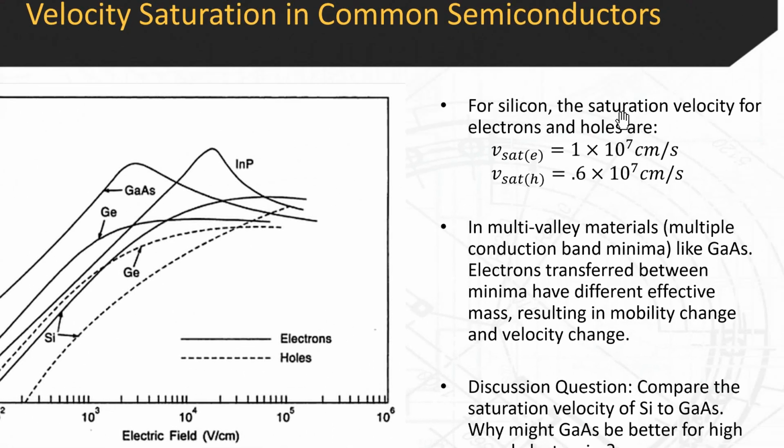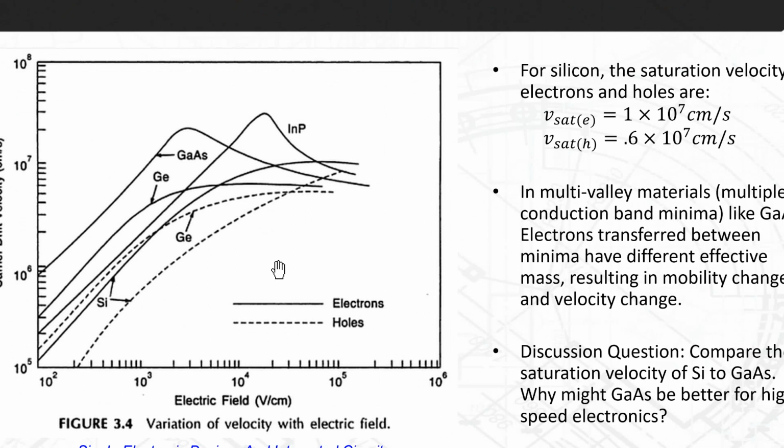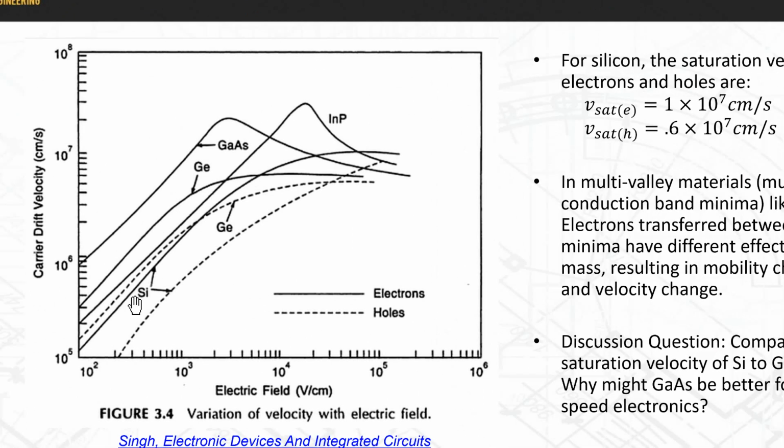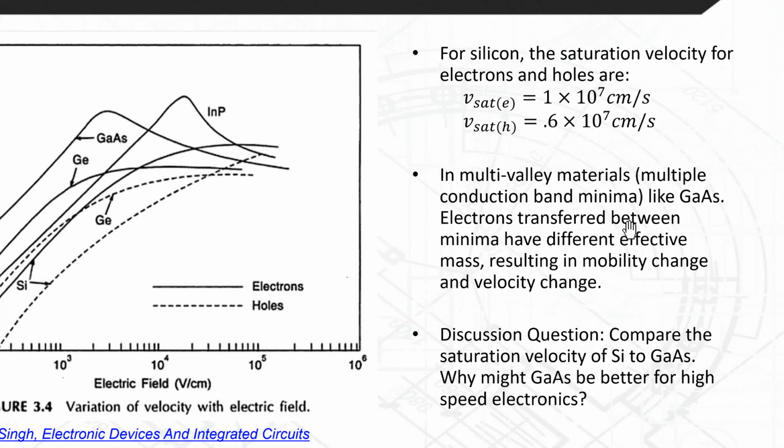The saturation velocity for electrons and holes is 1 times 10 to the 7th for electrons, 0.6 times 10 to the 7th for holes. But something interesting happens in what's called multi-valley materials. Germanium also follows a similar trend, but multi-valley materials like gallium arsenide, we're going to talk about this E versus K diagram in the next lecture.